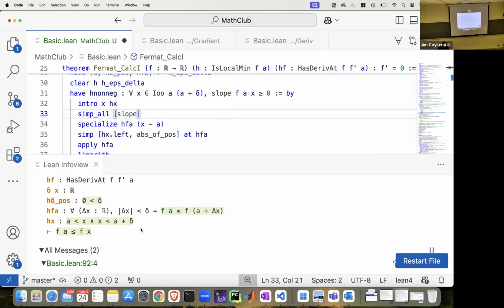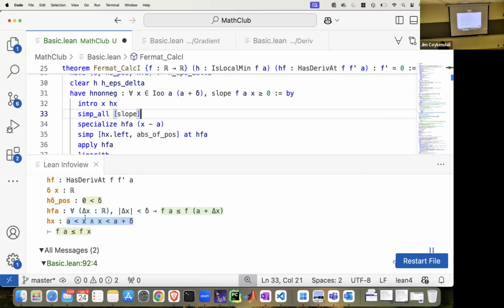After the simplification, the statement that the slope is greater or equal to 0 becomes the following. All I need to do is to show that for any x that is between a and a plus delta, the function value f of x is greater or equal to the function value at a.